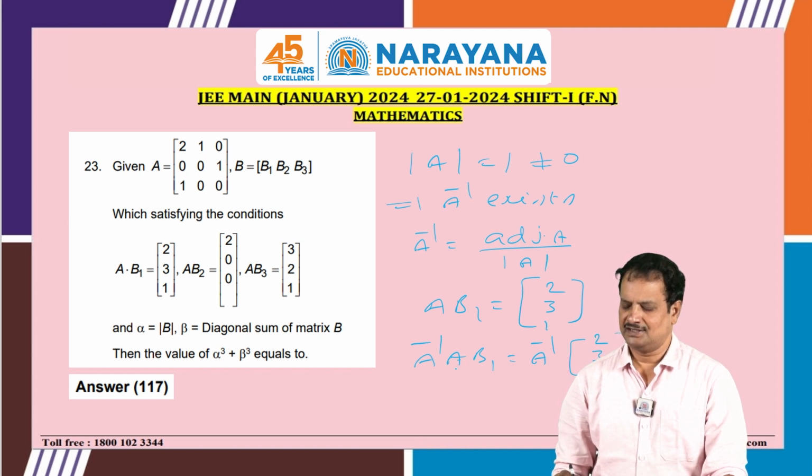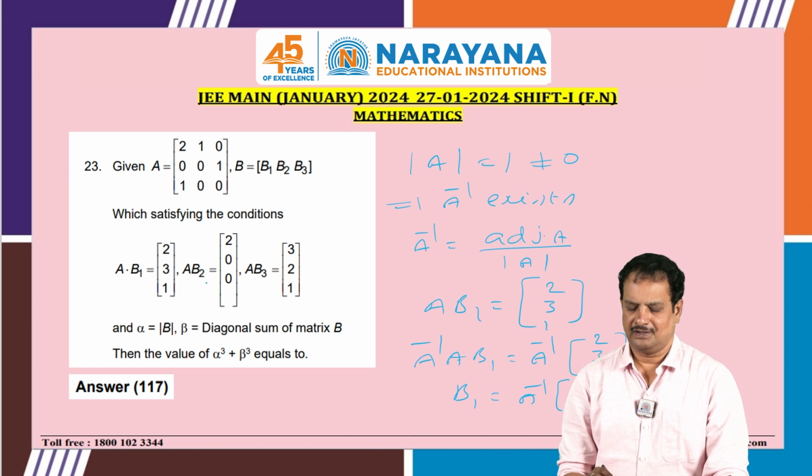A inverse into A is I, so I into B1, B1 is equal to A inverse into this column matrix 2, 3, 1. When you simplify this one, column 1 of matrix B you will get. Same process will apply for the second one, third one. Then we'll get B1, B2, B3, the three columns of the matrix B.